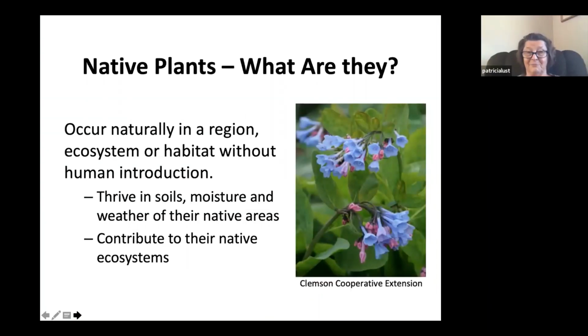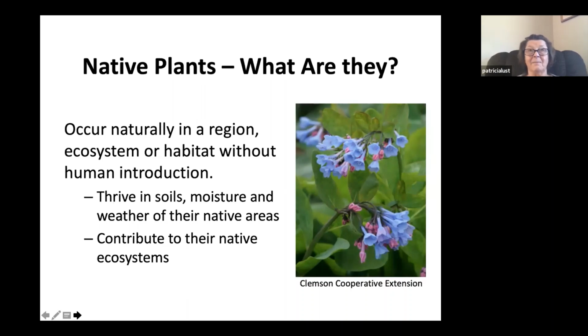Okay, what are native plants? And of course, everybody loves our favorite Virginia bluebell, blooms so beautifully early in the spring, and then it kind of disappears. They occur naturally in this region without having been brought here by humans.